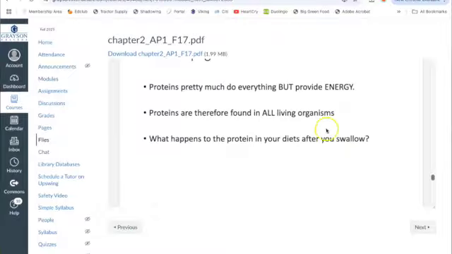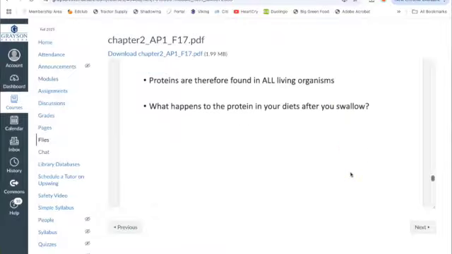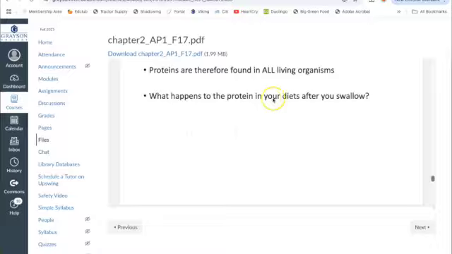Proteins are therefore found in all living organisms. The protein that you eat, like a steak, if you eat a cow protein, we're not going to become a cow by eating more cows. What happens is the body will denature it, break it down into basic amino acids and rebuild it for what our body needs.